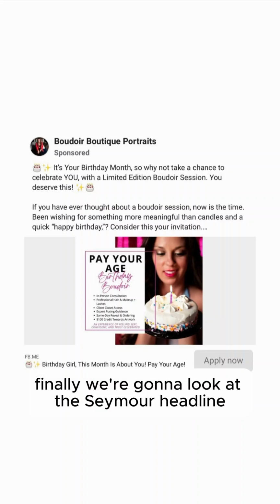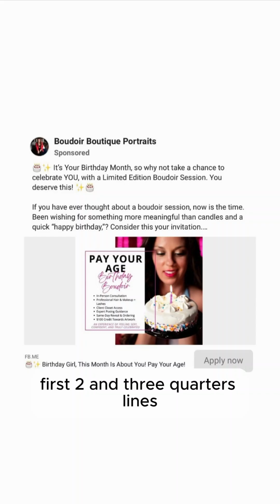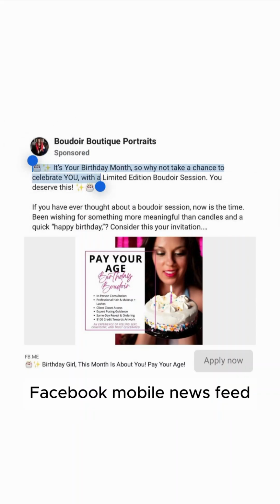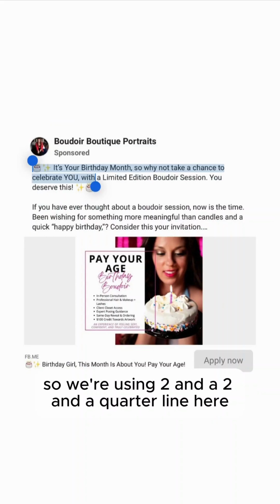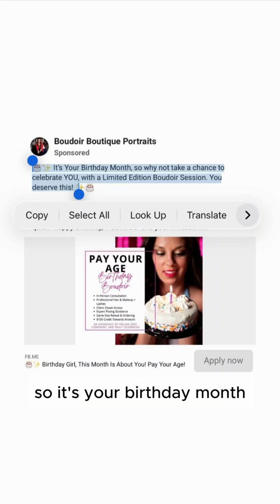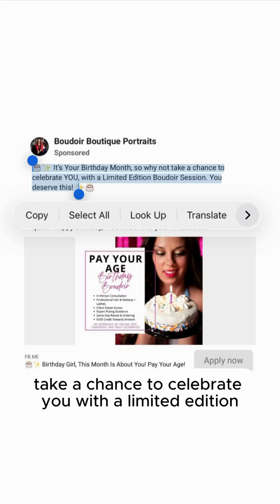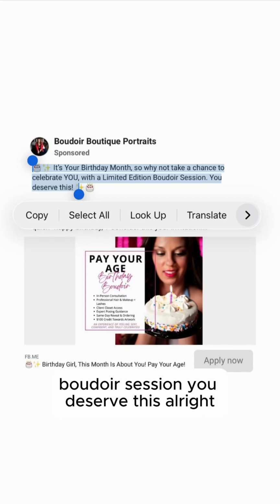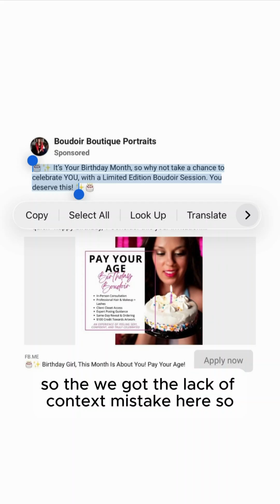Finally, we're going to look at the see more headline, the first 2 3/4 lines of the Facebook mobile news feed. We're using 2 1/4 lines here: "So it's your birthday month, so why not take a chance to celebrate you with a limited edition Boudoir session? You deserve this." All right, so we've got the lack of context mistake here.